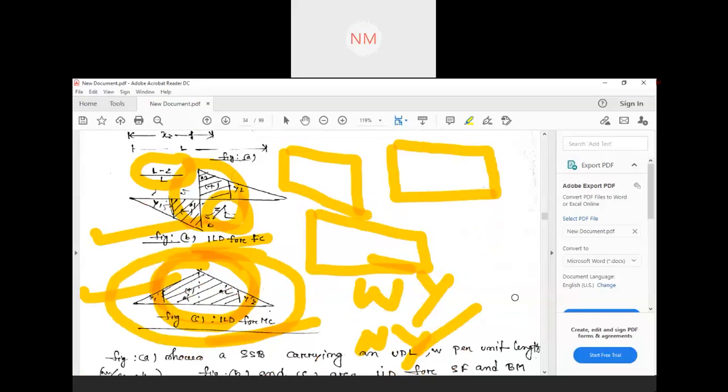Sir, it should be parabolic under that UDL load. If we have UDL, that place should be parabolic, and if it is a point load, it should be inclined. But here it's still inclined under the load.